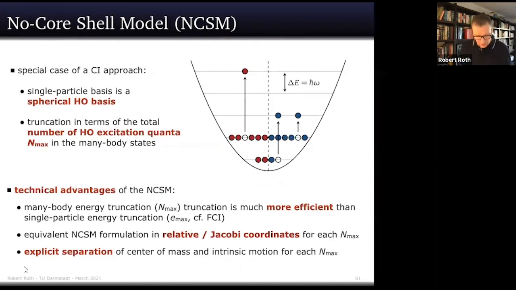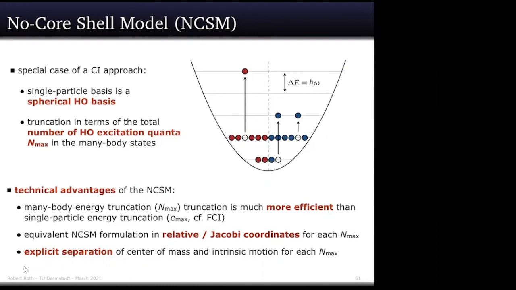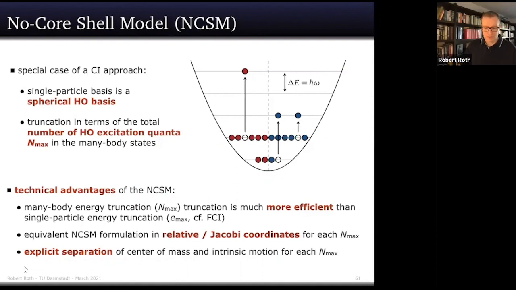And that relates to another important aspect, and that's, again, center of mass and intrinsic motion. This is essentially the only basis choice, the only truncation choice that guarantees an explicit separation of center of mass and intrinsic motion for each Nmax. So you are sure that this very basic symmetry discussion that we did in the beginning is possible.